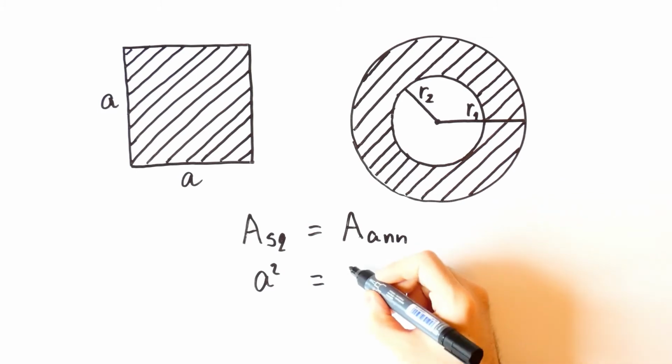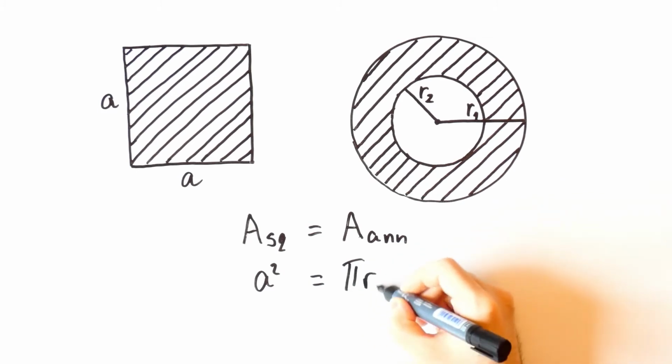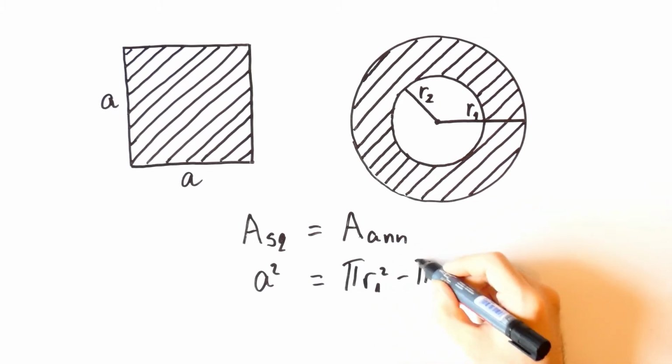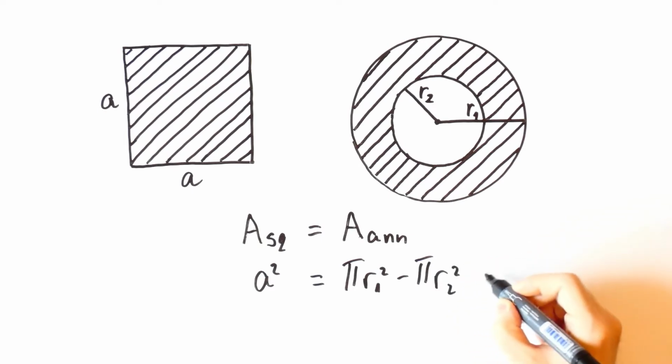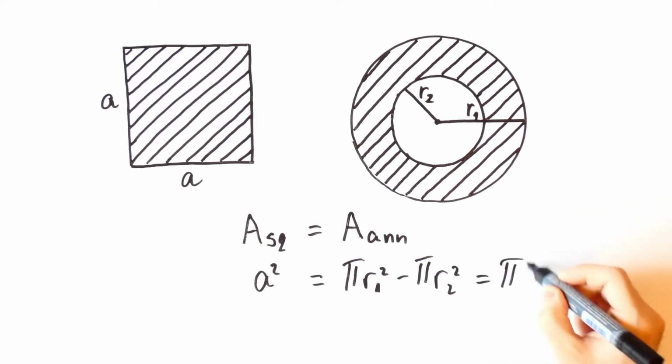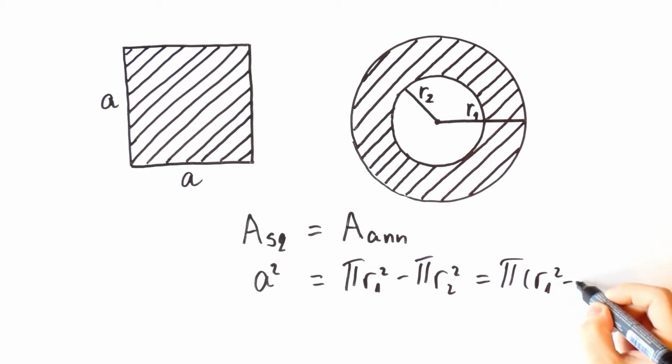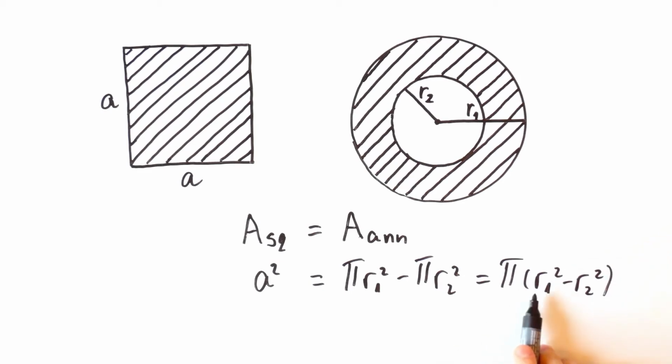So the area of an annulus is equal to pi R1 squared minus pi R2 squared. And this is equal to pi times R1 squared minus R2 squared. That means that R1 squared minus R2 squared is equal to A squared over pi.